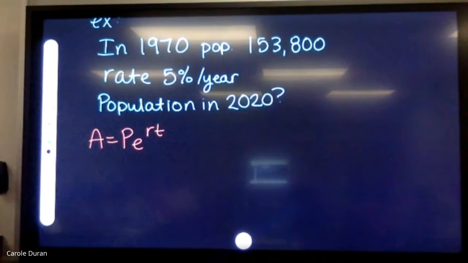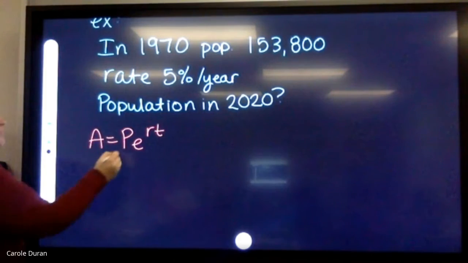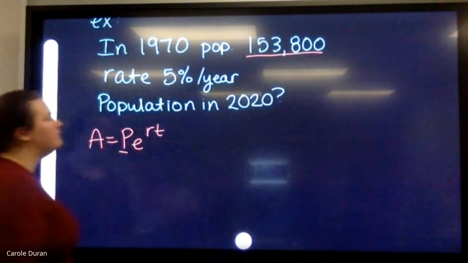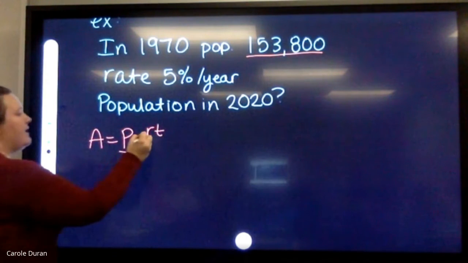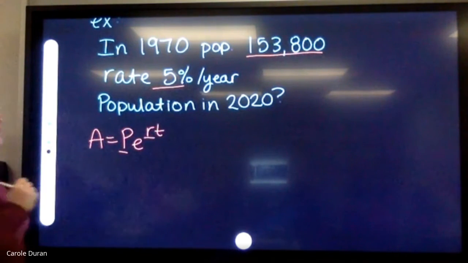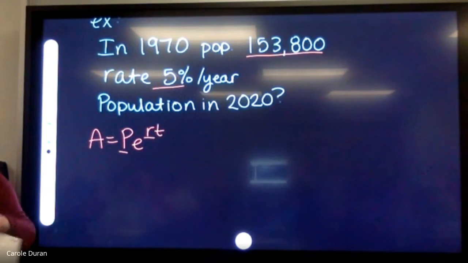For the PERT model to work, I have to know the principal amount, which I do. That's the 153,800. I have to know the rate at which this is growing or decaying, and I do. That's 5% per year. And I have to know the amount of time that I'm allowing this model to grow or decay before I calculate.